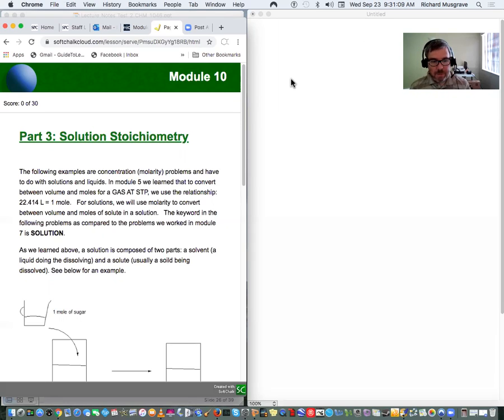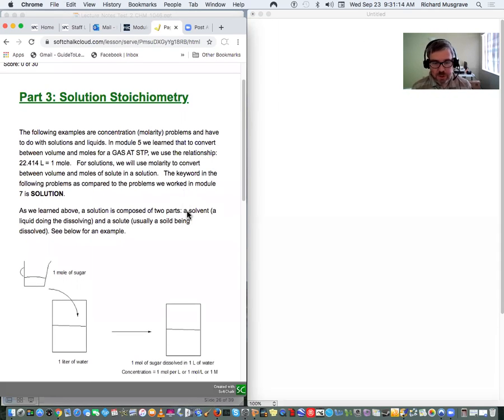So what we're going to look at, first of all, is a definition of concentration.